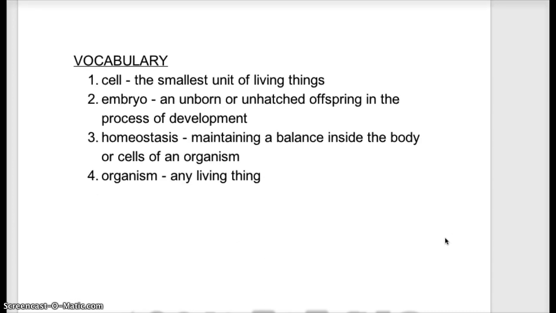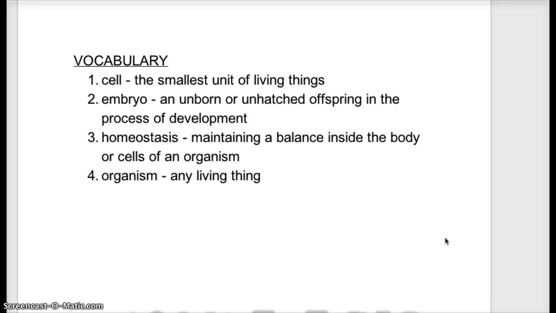Here is the vocabulary that you'll encounter as you read lesson 1 in chapter 2. Make sure you've got these written in your notebook, the vocab term plus its definition. I believe that's a nice short introduction into using this type of learning program.